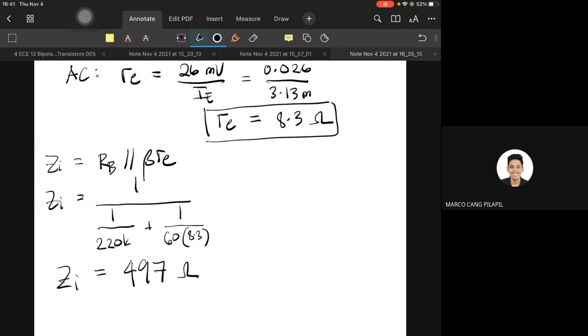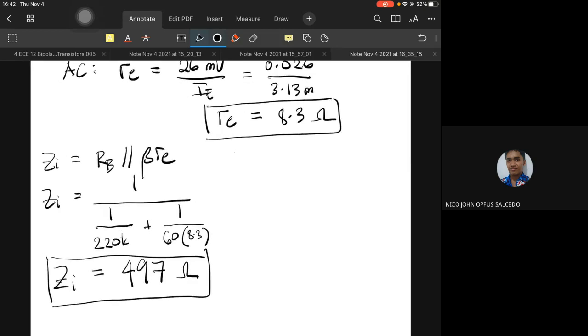Mm, 497, sakto. So, i-check na inyong solution. Basta kay mo ni ang correct answer. ZI. Sir, nakalimot na may kundi ng pag-raise sa 220. Okay, gibutang na mo siya sa 220. So, 220K. Sige. Okay, at least na kala na to.